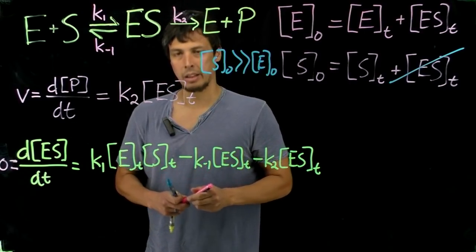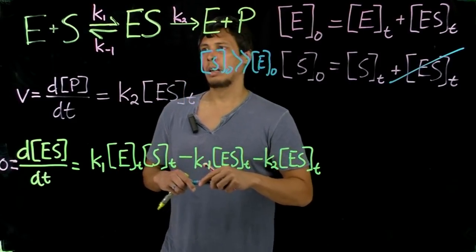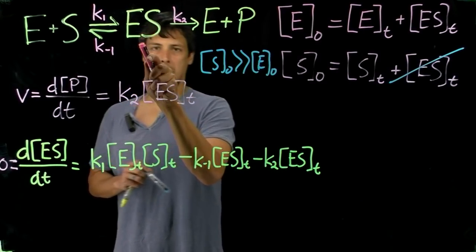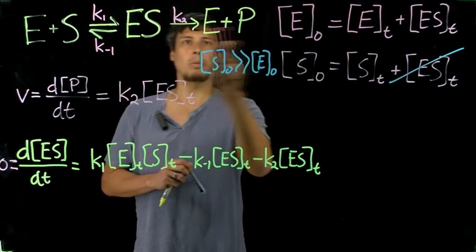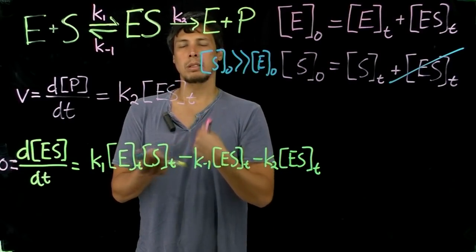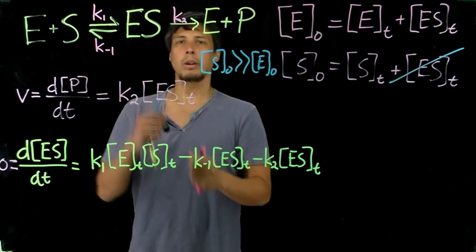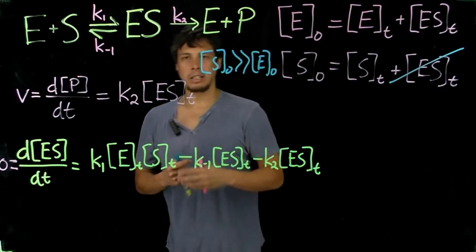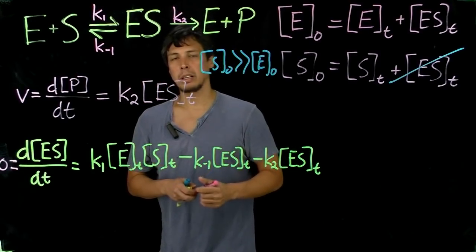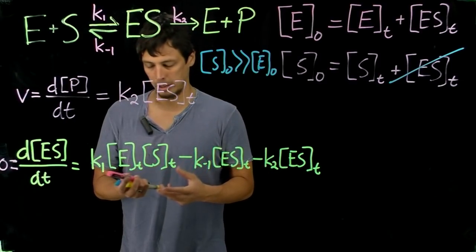The idea behind that is that as soon as enzyme substrate complex is being made, the rate for the consumption of it is equal to the rate of its formation. That's not necessarily a correct assumption to make, but again, it helps to make the math easier.